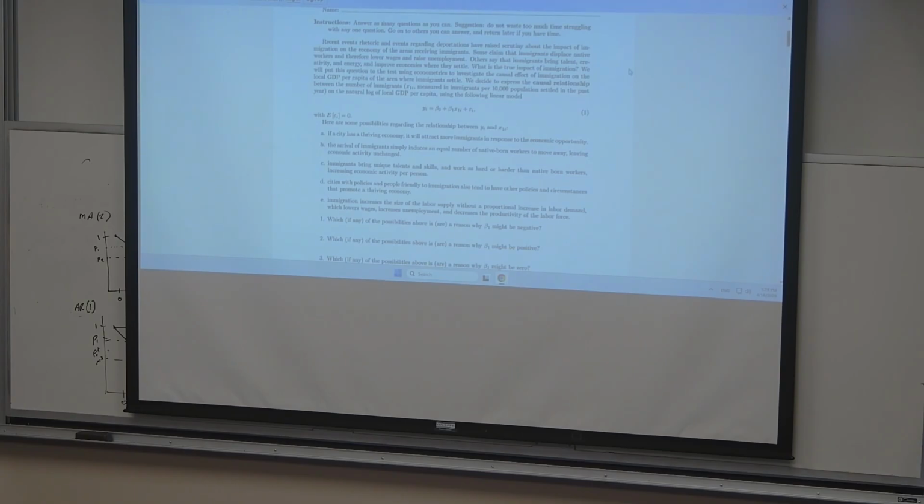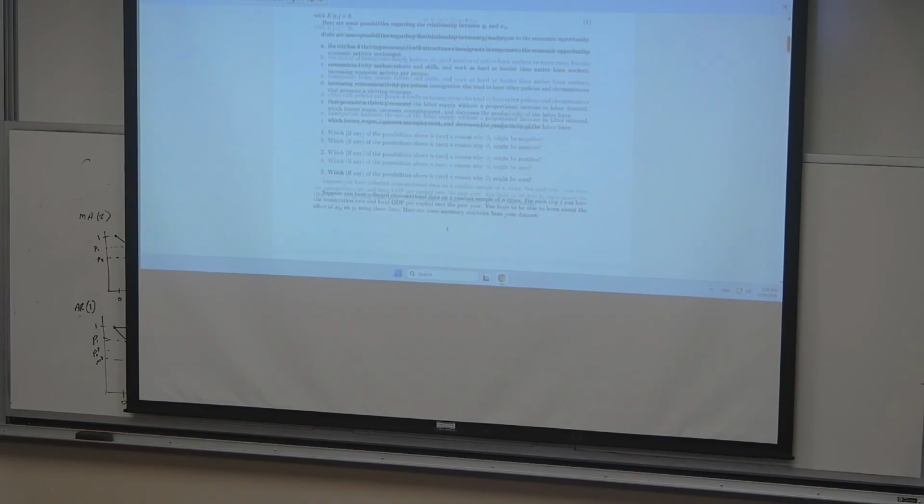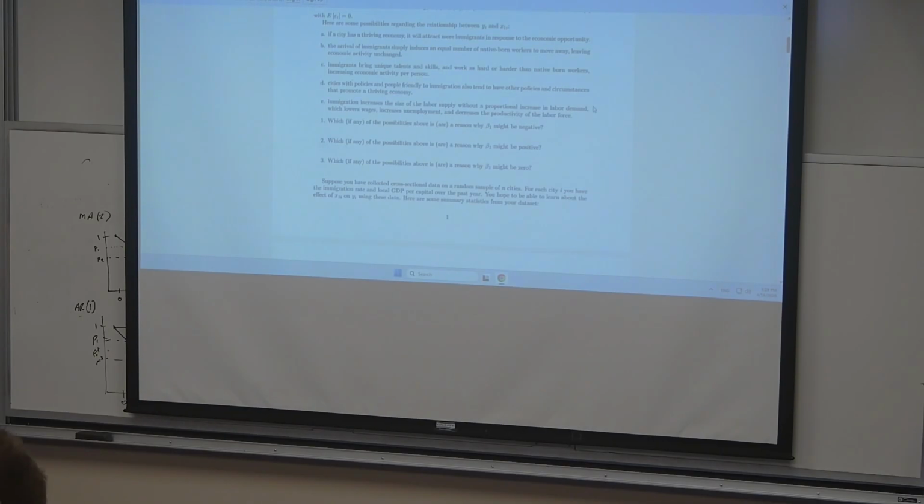immigration, receiving immigrants. Blah, blah, blah. We want to express the causal relationship between the number of immigrants and the natural log of local GDP per capita using this model. Here are the possibilities regarding the relationship between y and x1i. Which, if any, of the possibilities are a reason why beta 1 might be negative?